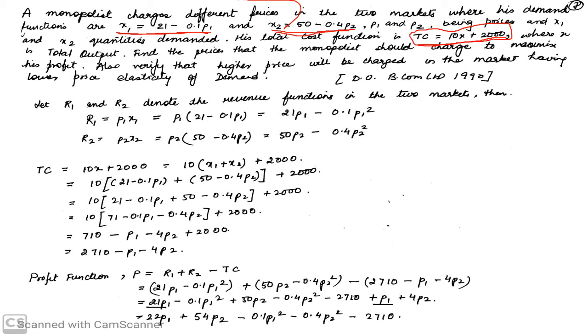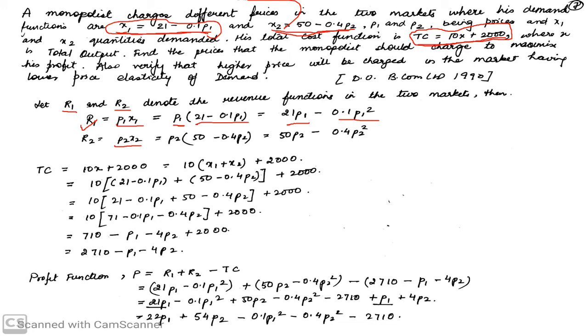If we want to maximize profit, we will need the revenue function. Let us assume R1 is the revenue of market 1 and R2 is the revenue of market 2. To find R1, we multiply P1 and X1. X1 is given, and X2 is also given. We multiply X1 by P1, and what we get is 21 P1 minus 0.1 P1 square. We do the similar thing for R2, that is revenue in the second market, P2 into X2.